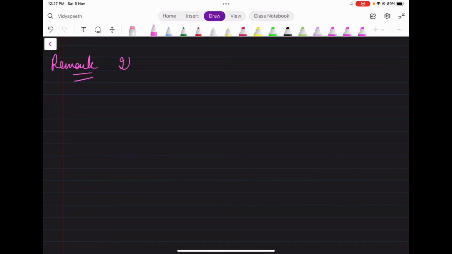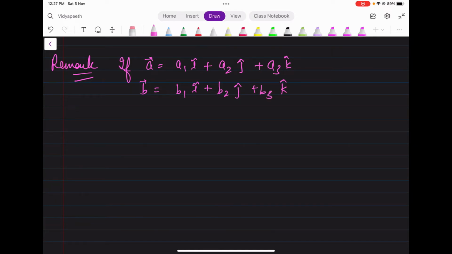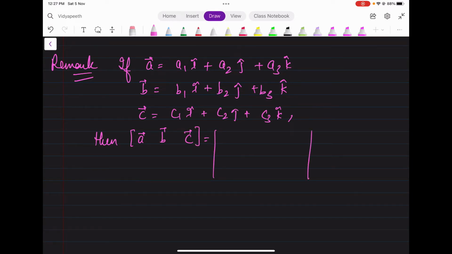If A vector is given as A1 i cap plus A2 j cap plus A3 k cap, and if I consider B vector to be B1 i cap plus B2 j cap plus B3 k cap, and likewise C vector to be C1 i cap plus C2 j cap plus C3 k cap, then the box of ABC is nothing but the determinant corresponding to these three vectors.